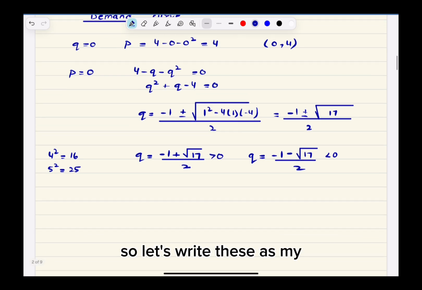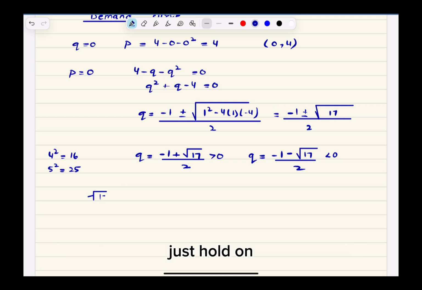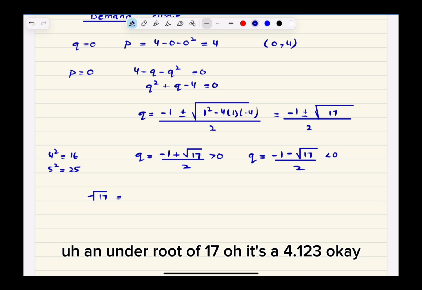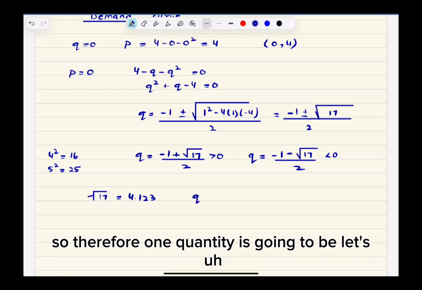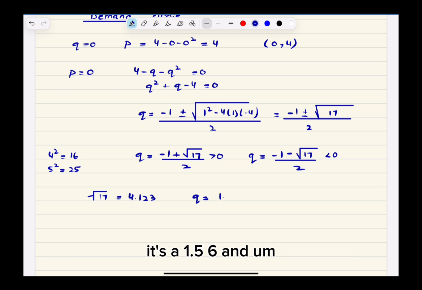So let's write these as my... Actually, let me just use a calculator. Under root of 17. Just hold on. Under root of 17. Oh, it's 4.123. Okay, so therefore one quantity is, let's say minus 1 plus 4.123, divided by 2. It's 1.56.